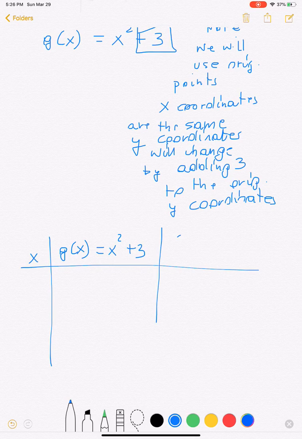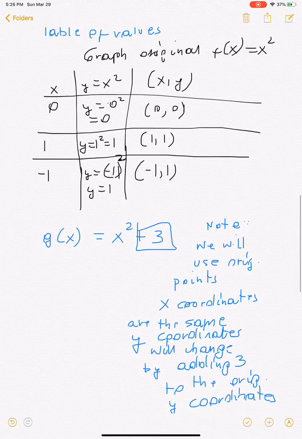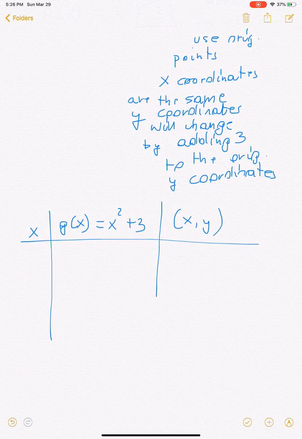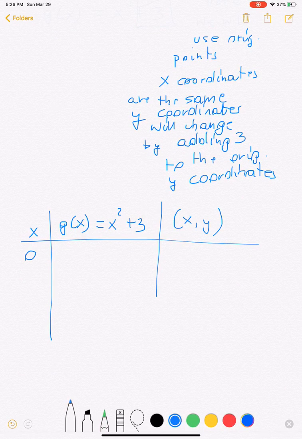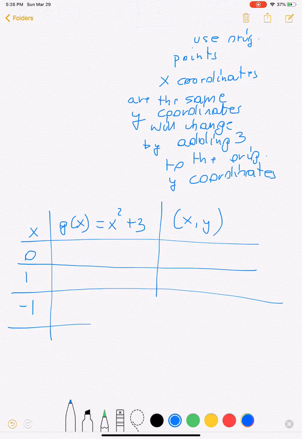And let's talk about points, x comma y. So I'm using exactly the same x coordinates, 0, 1, and -1. You can always plug it into the equation, however I'm not going to do it because we already know that we have that vertical translation 3 units up.